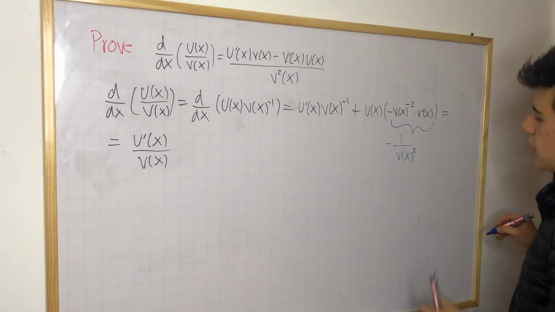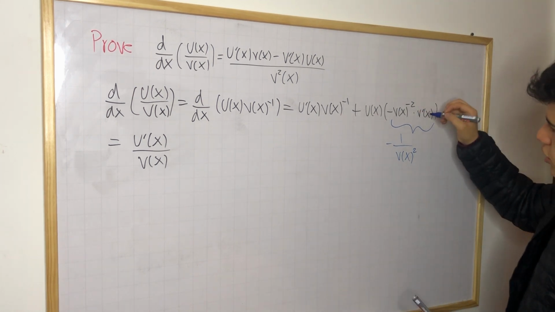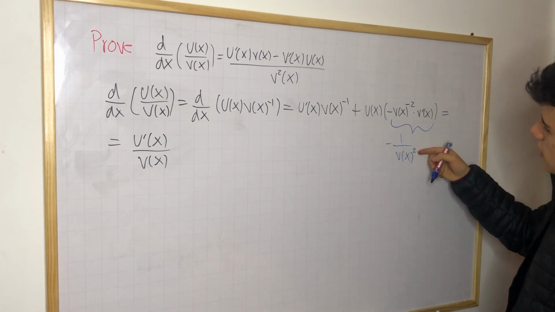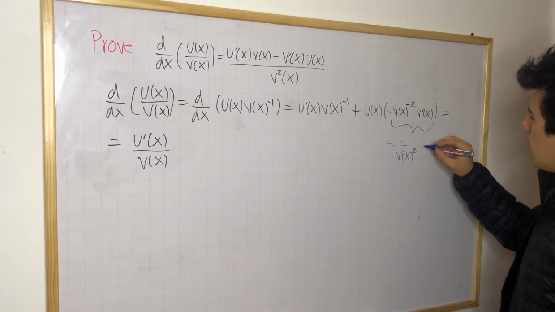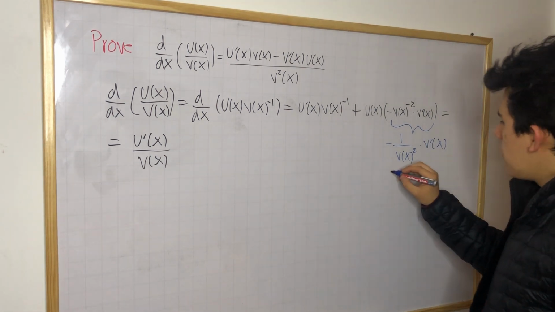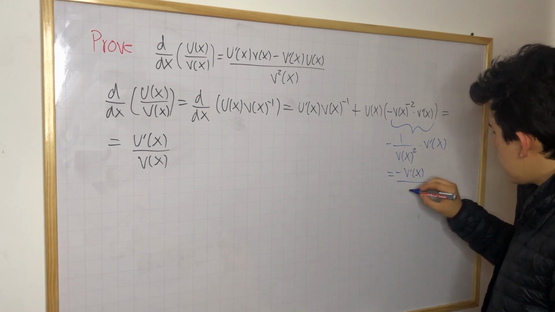This is the expression that we have. You can just simply switch the fraction. This is v over 1, so you can switch that. Don't forget the minus, and you can bring this square to the bottom. And now you're going to multiply by simply v prime x, okay? And we know this is going to be minus v prime x over v.